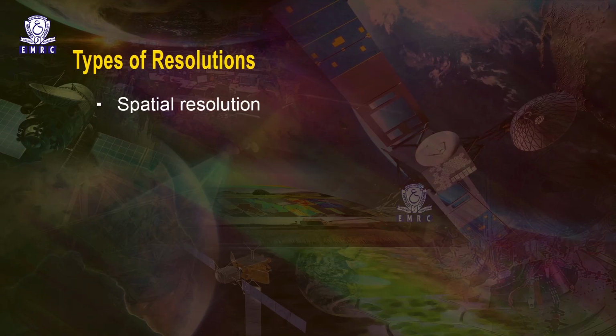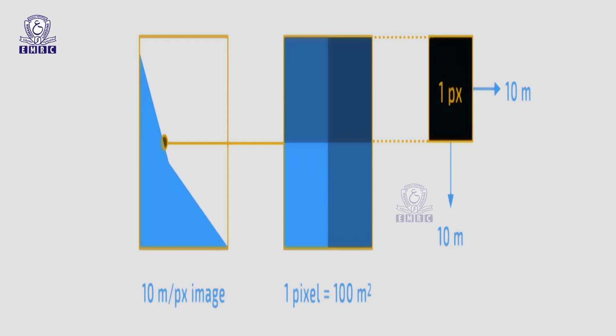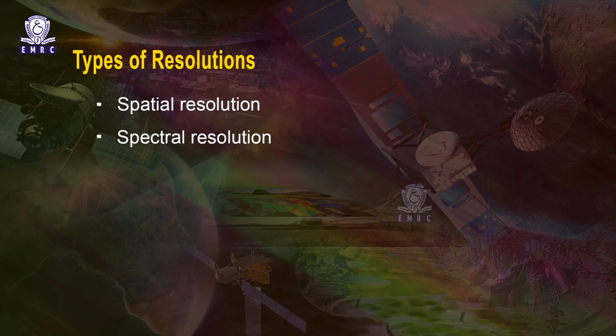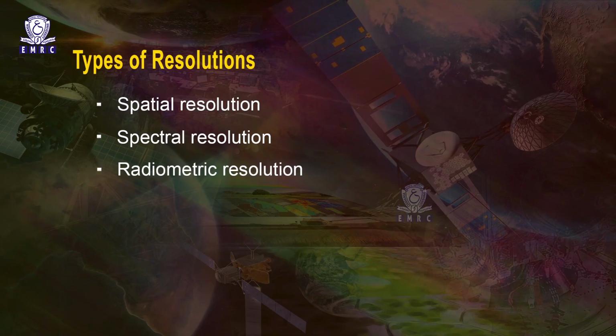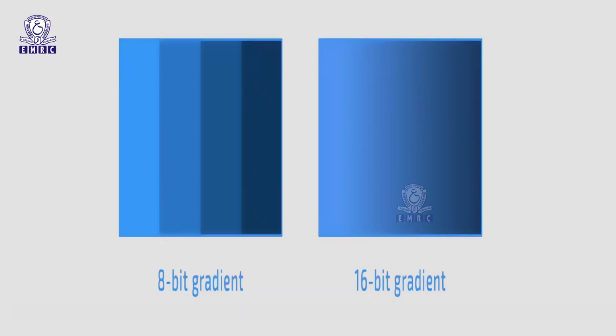Spatial resolution: the sensor's ability to image closely spaced objects so that they are distinguishable as separate objects. Spectral resolution: the spectral bandwidth in which the data is collected. Radiometric resolution: the capability of the sensor to differentiate the smallest change in the spectral reflectance or emittance between various targets.